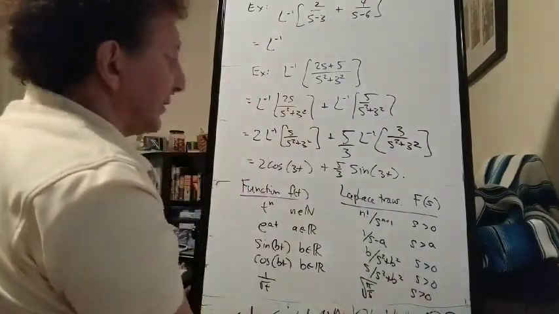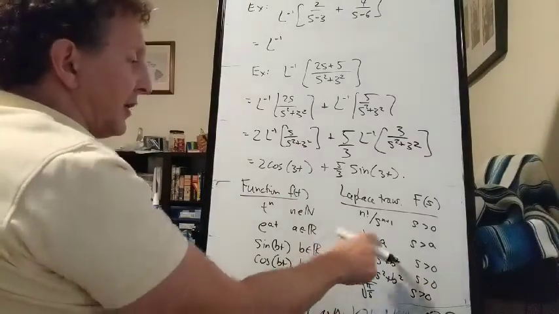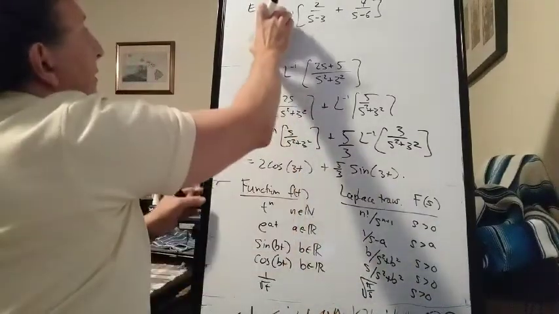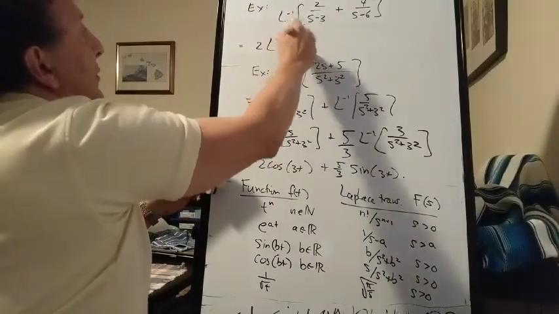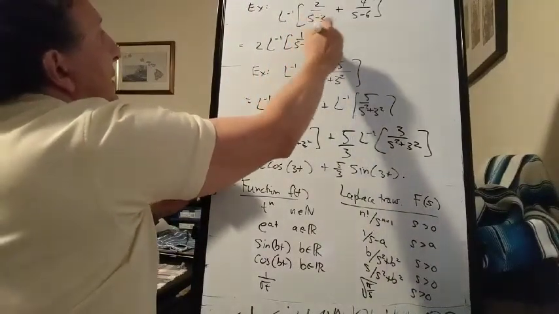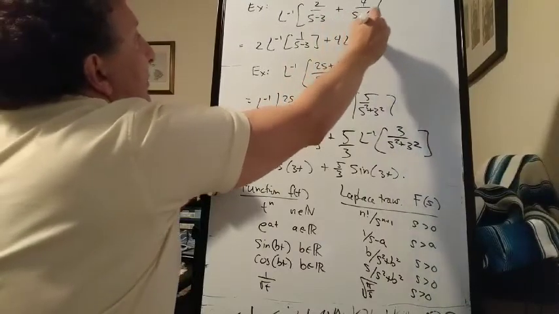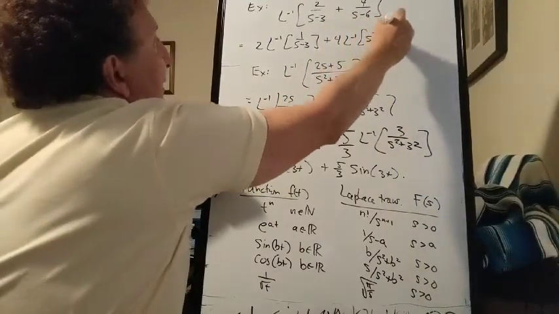So we can separate this out. All of our fractions over s minus something have a 1 on the top. So let's take out the numerators. This is 2 L inverse of 1 over s minus 3 plus 4 L inverse of 1 over s minus 6.